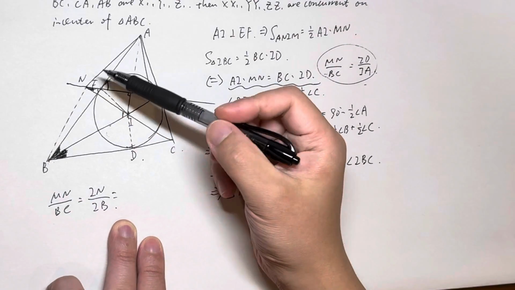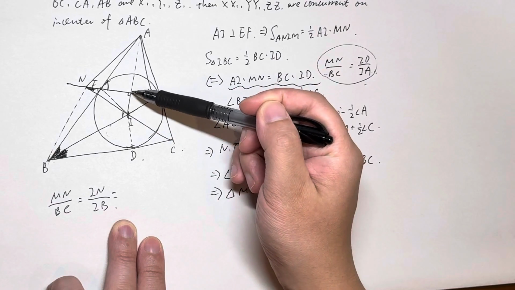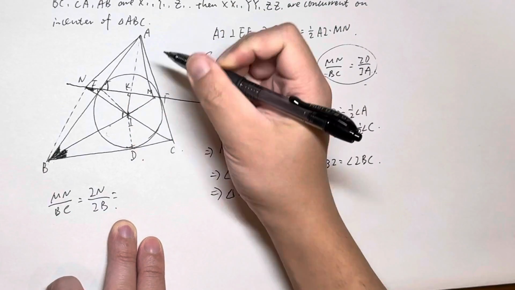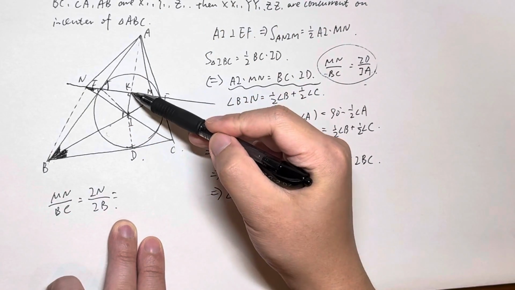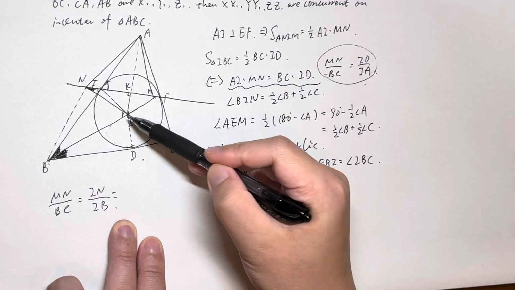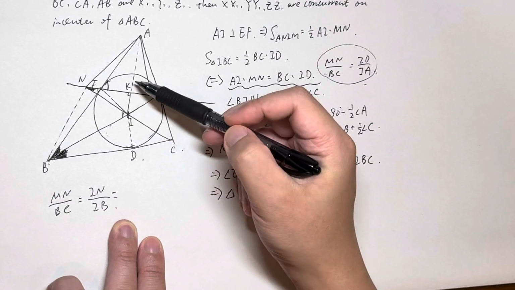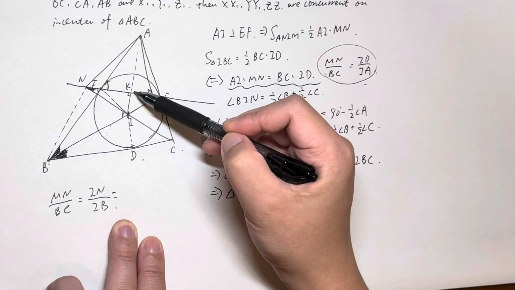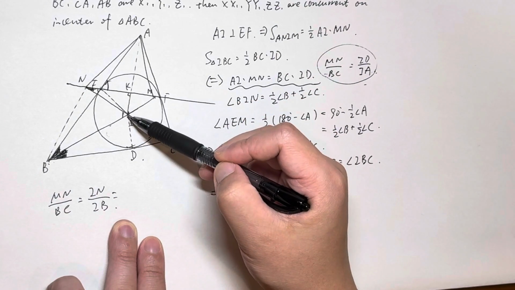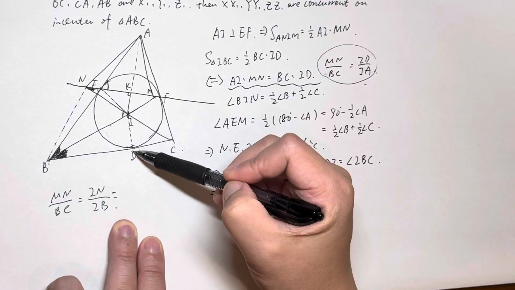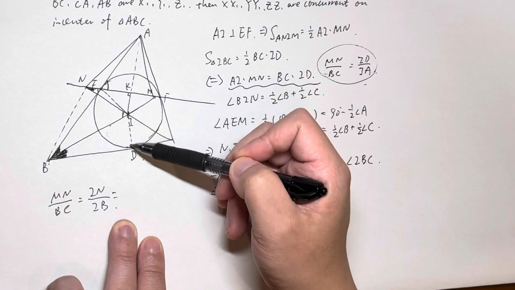That means, calling this point K, in triangle NIK and triangle BID, we have angle KNI equals angle IBD, and they are both right triangles.